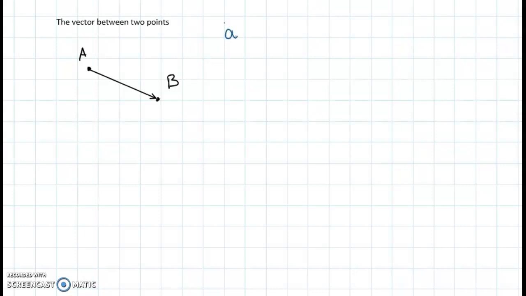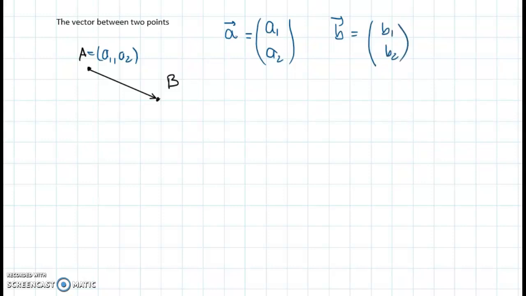Let's call A the vector that has endpoint at A, A1, A2, the coordinates of the point A, and B the vector with endpoint at the point B, B1, B2. So these are the coordinates of the point B. Then let's add the axes, X and Y. Nothing particular about working in the first quadrant, just to make the sketch easier.